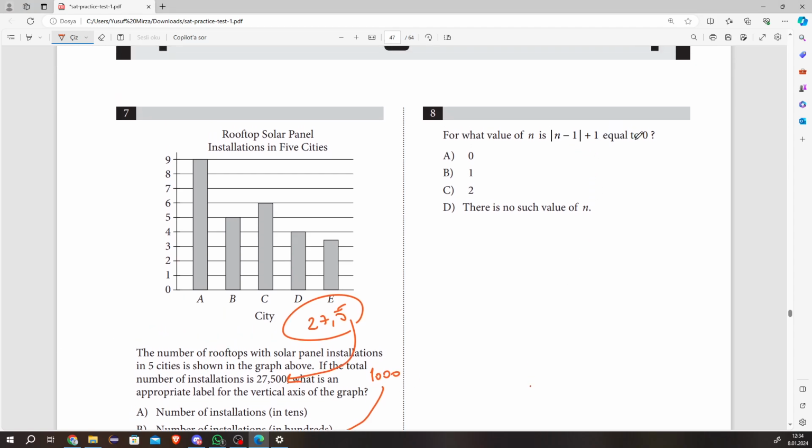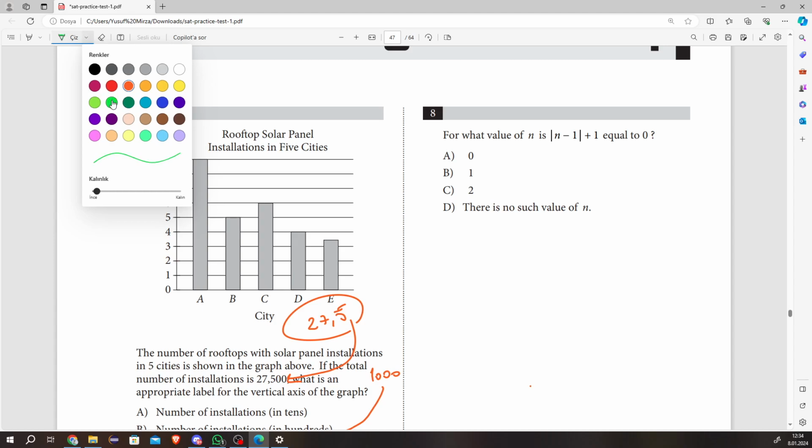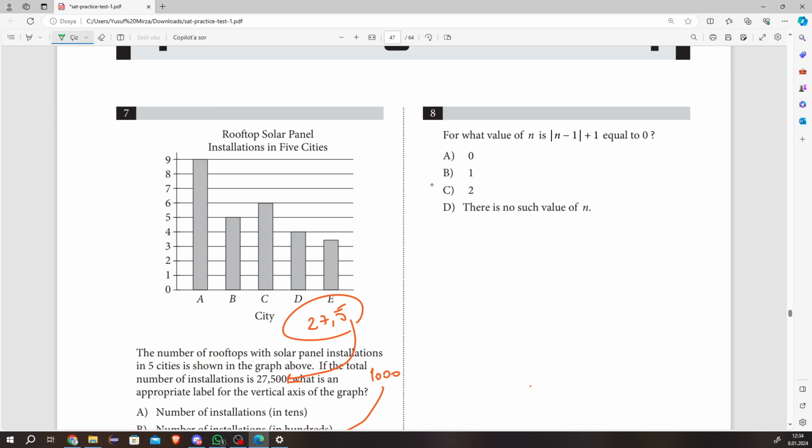For what value is n equal to 0? Okay, we can solve it in different ways. If we can try everything on this question, we can try. Also, it is an absolute value container.